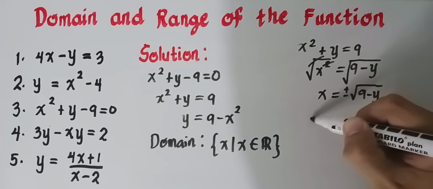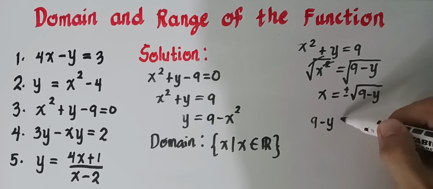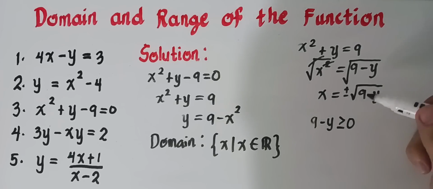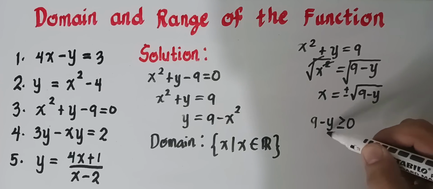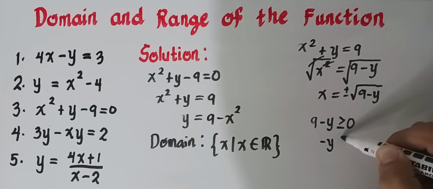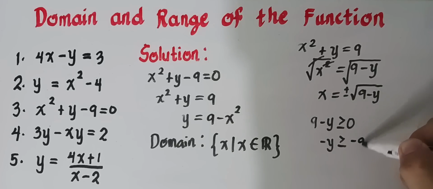Ito ay magiging 9 minus y. So, sabi ko kanina, dapat greater than or equal to 0 yan. Hindi kasi pwede magkaroon ng negative. So, ito ay magiging negative y. And then, greater than or equal to, positive than magiging negative 9.